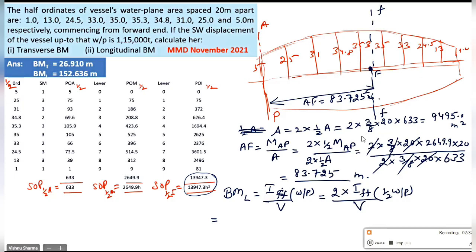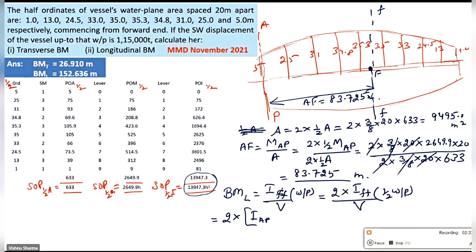Now tell me, how do I write it in terms of the theorem of parallel axis between FF and AP? It will be twice into, now tell me, what should I write in the bracket? IAP, into area. No, not into. Sorry, plus area. I used the word caution, warning. So minus. I am giving you so many hints.